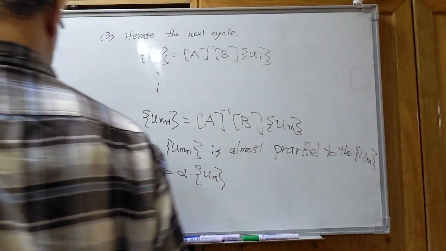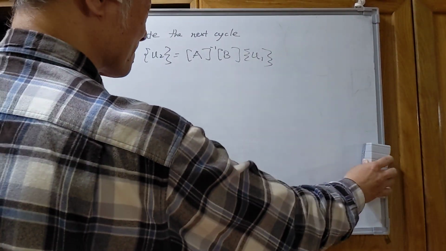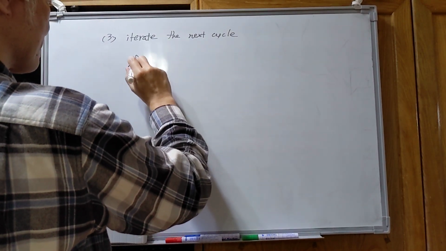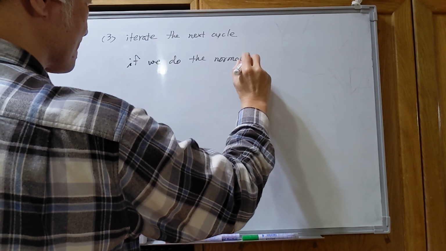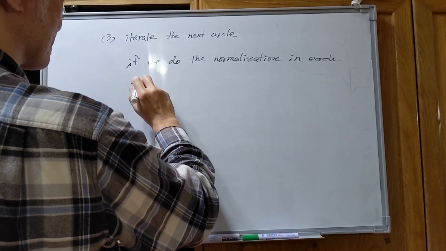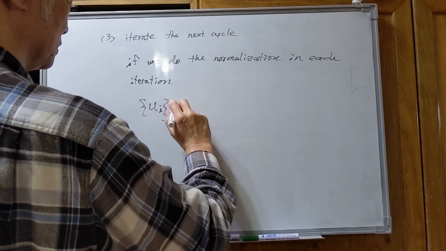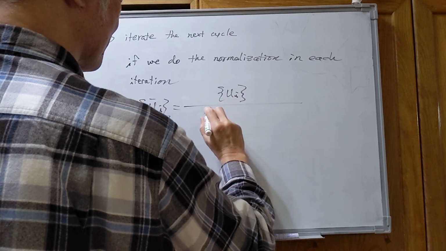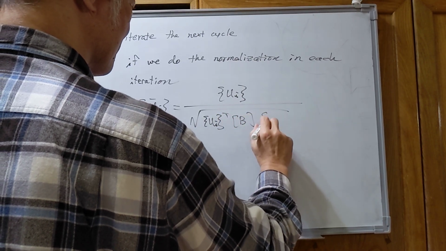If we do the normalization in each iteration, so the UI is equal to, okay.